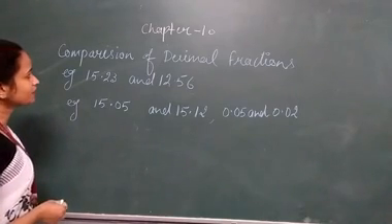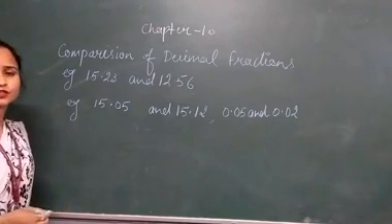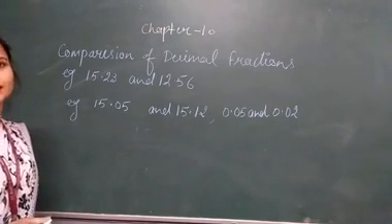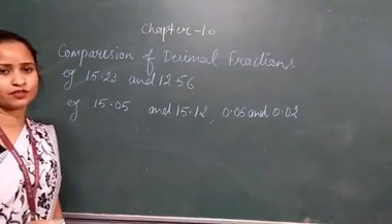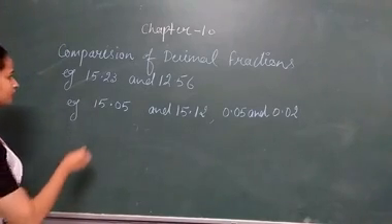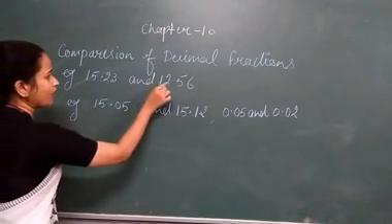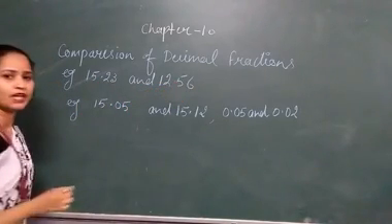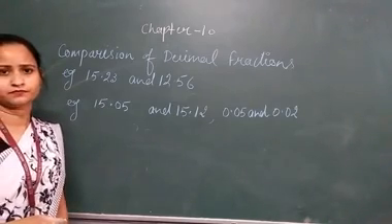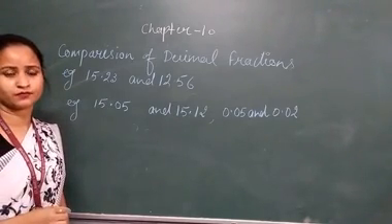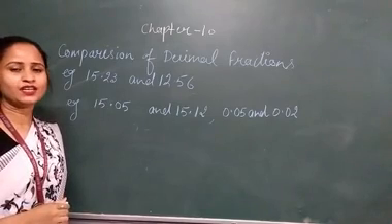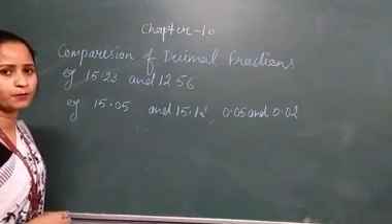Now, comparison of decimal fractions. How to compare the given decimal fractions? For example, 15.23 and 12.56, and we have to compare, means which one is greater. For this, we compare whole number.